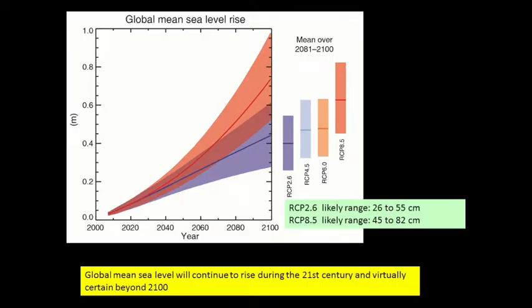And if the ice is melting, this means an increase of sea level because the water is going to the sea. And then there are these projections of increase of the sea level.